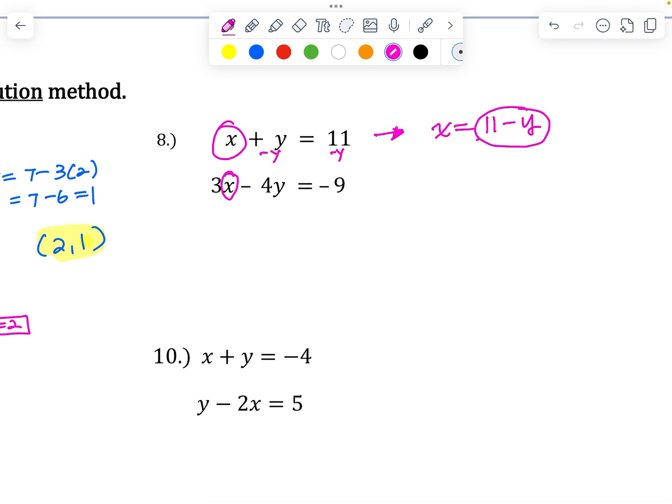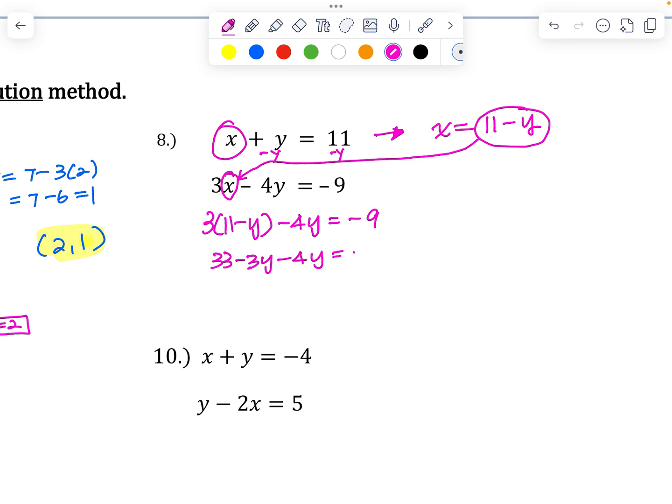So I'm going to again bring the 11 minus y and put it right there. So it's going to be 3 times 11 minus y, minus 4y equals negative 9. Distribute, so it's going to be 33 minus 3y minus 4y equals negative 9.